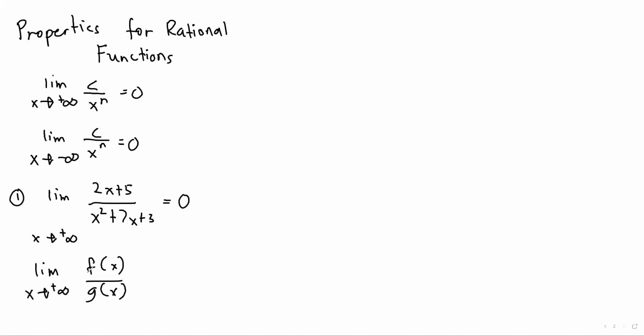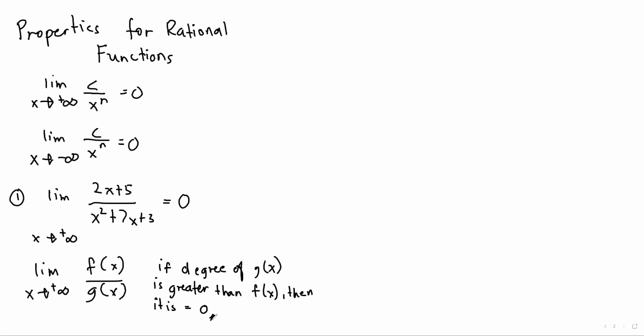It says here that if the degree of g of x is greater than the degree of f of x, then it is equal to 0. Okay, got it? Even if we try to equate it, the same thing will happen. For the explanation, let's show it. Let's try to solve it so you can see.